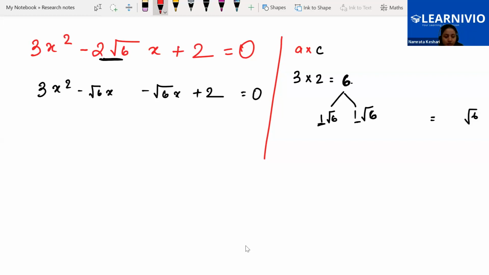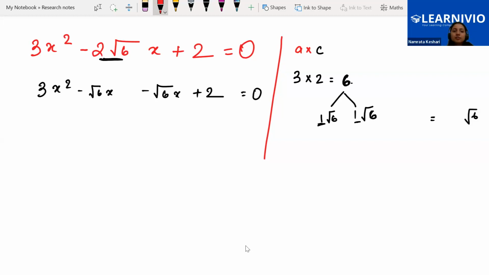Just a moment, let me check whether I have written the question properly or not. Yeah, so far it is correct.